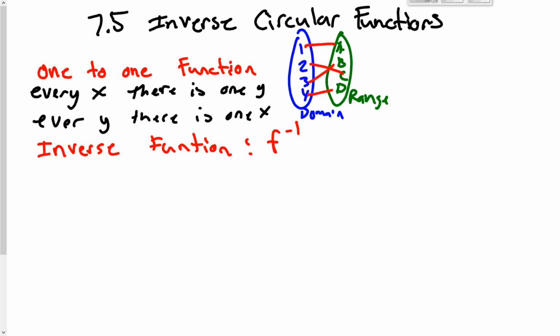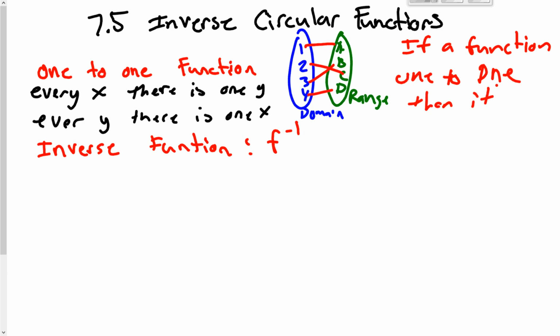Also remember that if a function is one-to-one, then its inverse is a function.